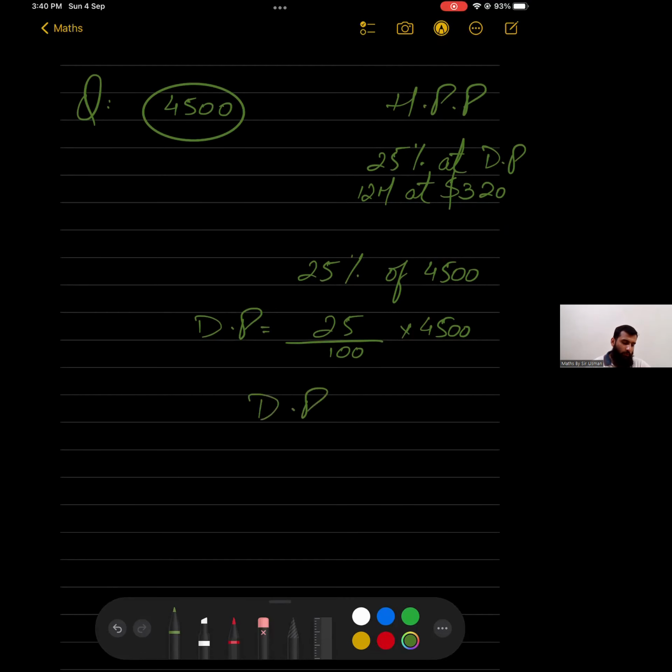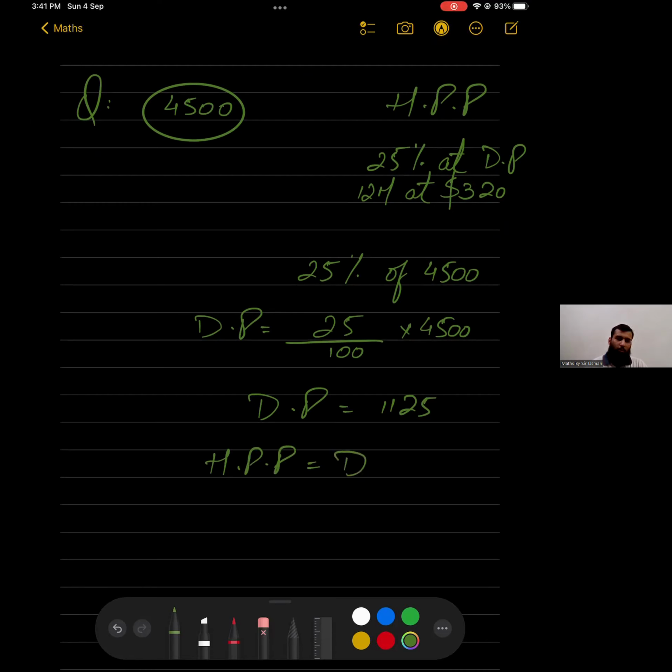Okay, so can any one of you tell me the down payment? Yes, what would be the down payment in our case? $1,125 is the down payment. Now we need to figure out the hire purchase price.